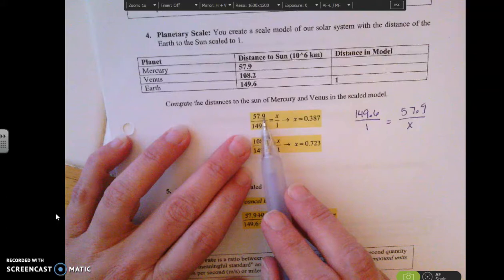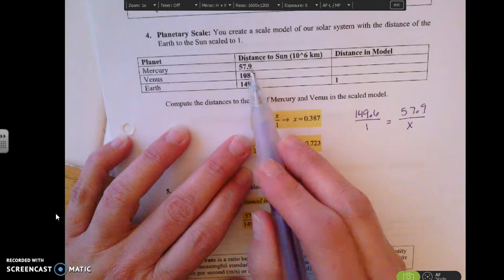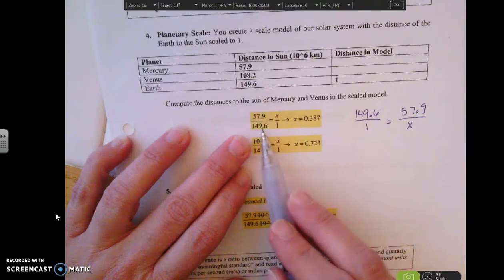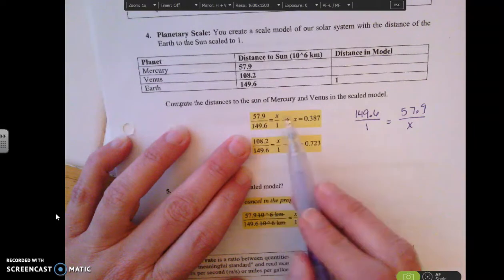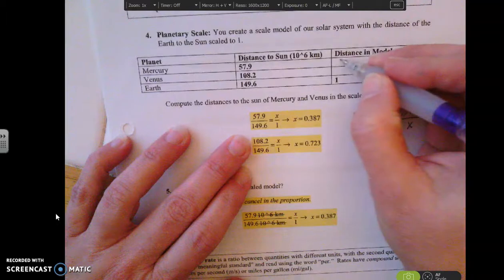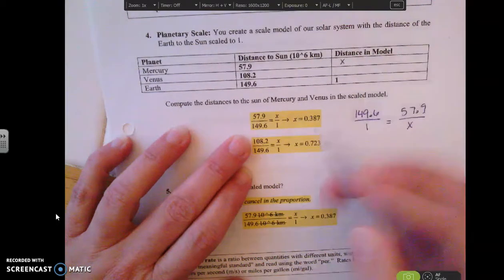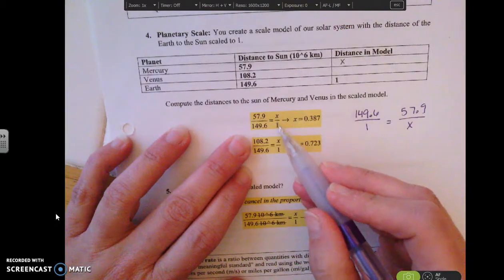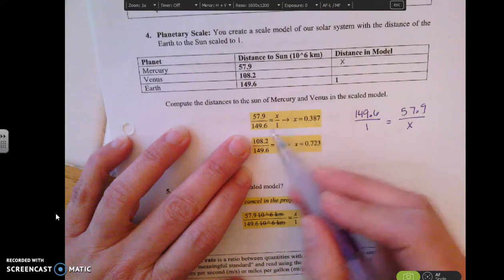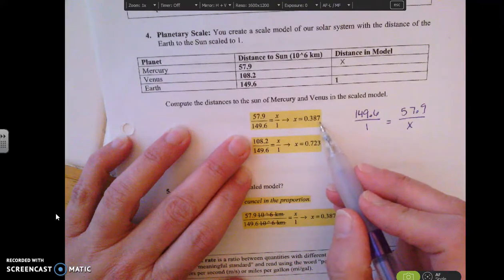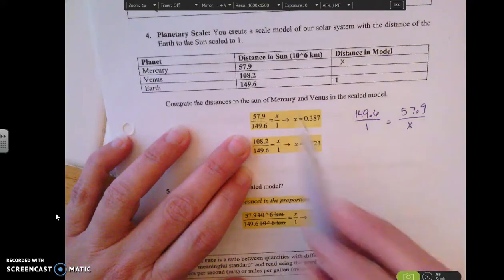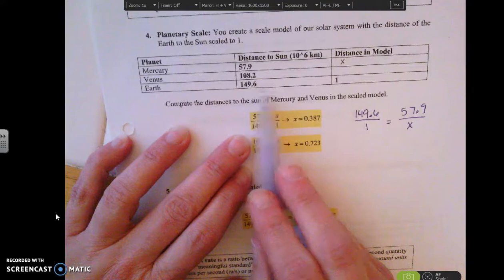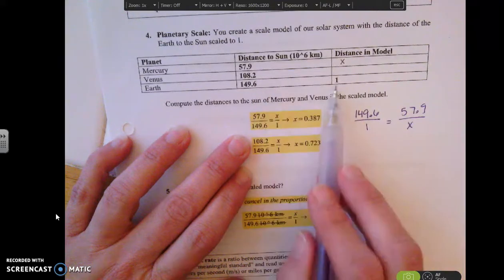So I set up a proportion, 57.9 over 149.6. That's going to be Mercury over Earth. And then I'm looking for X, which is Mercury. So X over 1, and then when I cross multiply, I get 0.387. Now another way, like if we look at the way we did it on some of the other things, we may set it up horizontally instead.